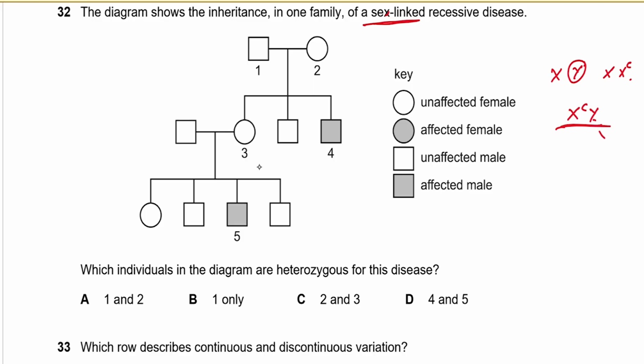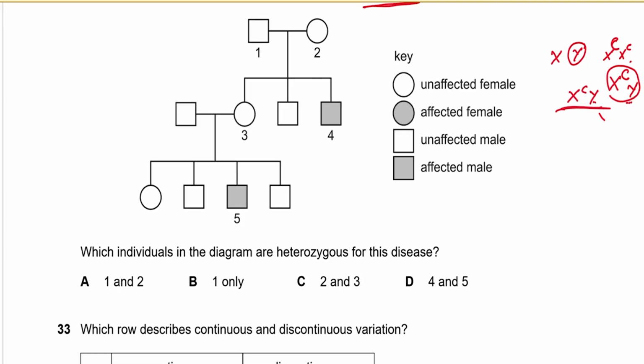But if the female is heterozygous, with maybe the normal X allele, X capital C Y, this male will have normal color vision. But if the recessive allele is the one that is expressed, then they'll be affected with the disease. That's why we say the female is heterozygous for the disease. So it will be individual number 2 and individual number 3.